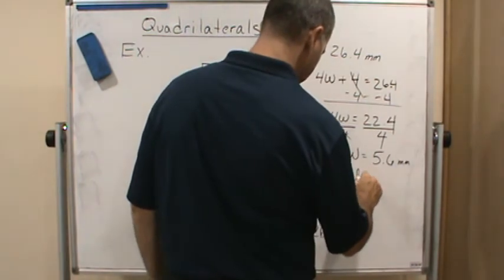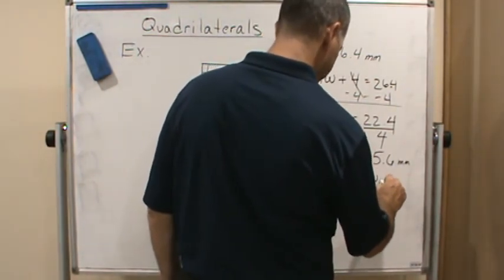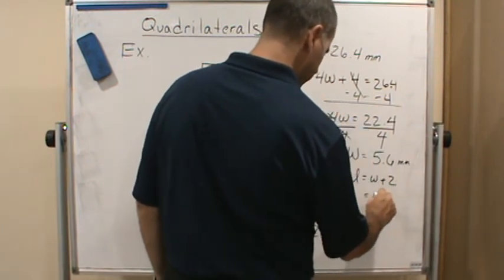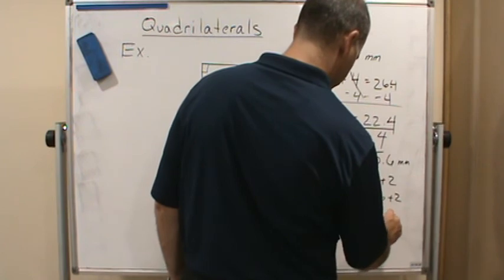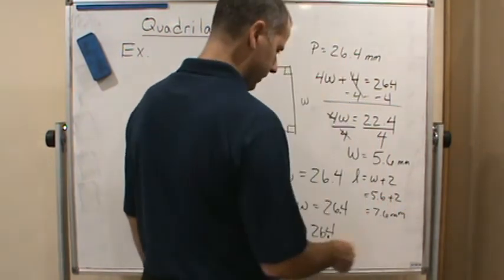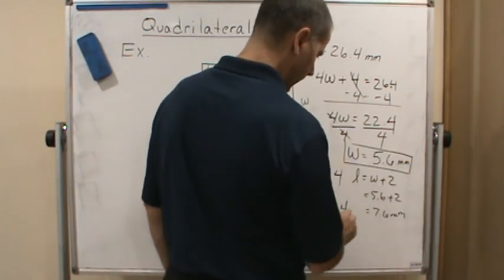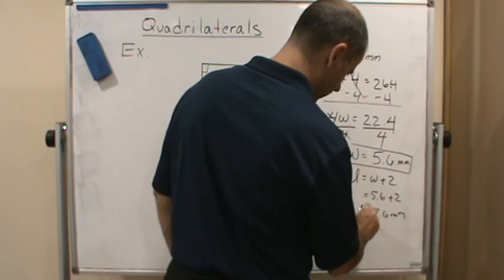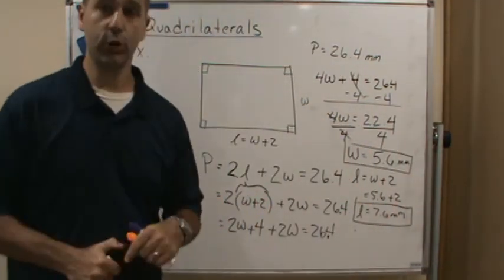So L equals W plus 2, which is 5.6 plus 2, which equals 7.6 millimeters. So here's the width, and the length.